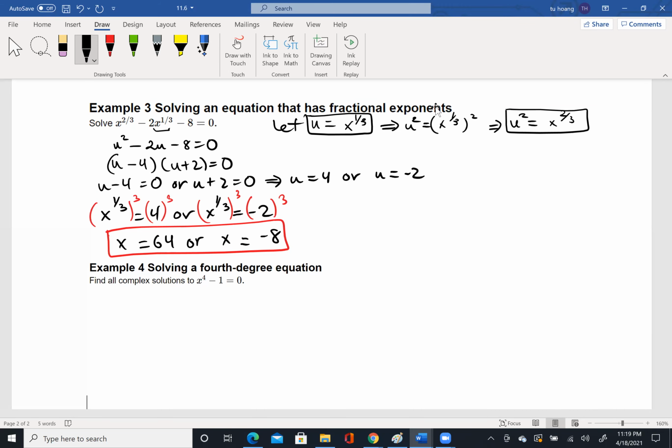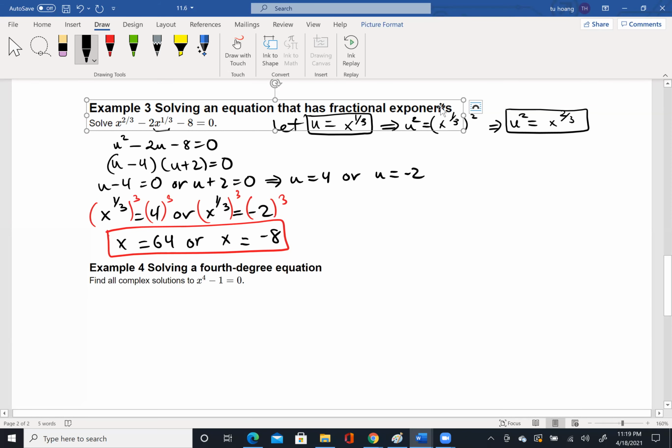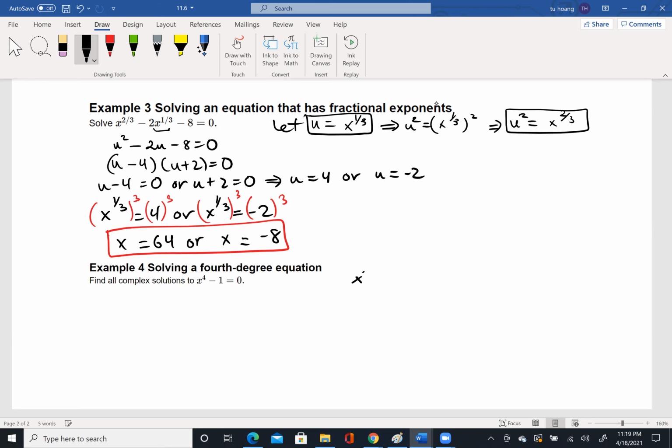For this problem, I would like to lower down x to the 4th so it becomes something squared, right? So in order to do that, let u equal x squared, right? And so then u squared will be x squared squared, and that's the x to the 4th.